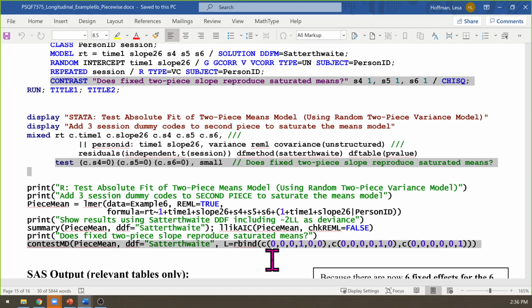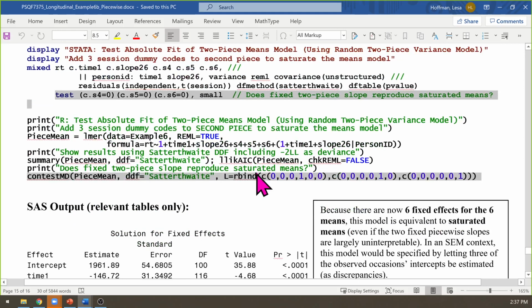R being the most convoluted looking. But the reason there's so many more values in the contestMD statement is that you have to tell it what to do with each of the fixed effects in the model. So in contestMD, the first 3 are zeroed out because I'm saying, leave those ones in. I want you to do this one, and this one. Okay, we good then?